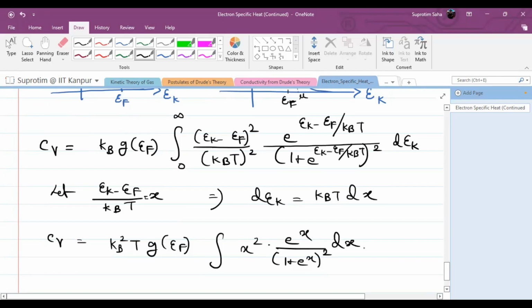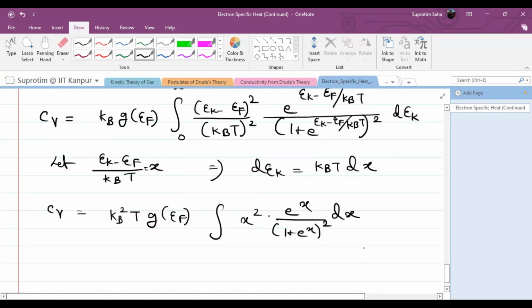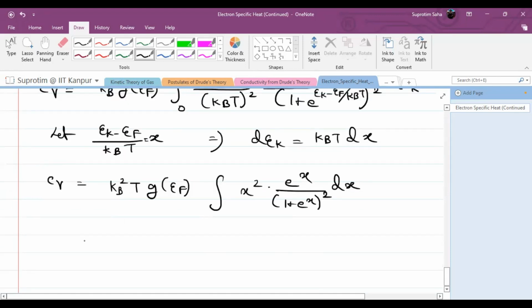Now you can put the limits. When E_k is 0, x is minus E_F over k_B T. And when E_k is infinity, x also tends to infinity.